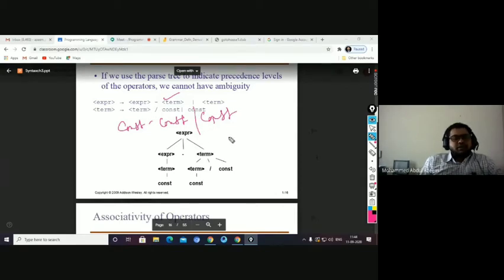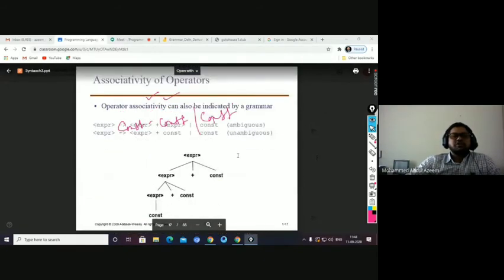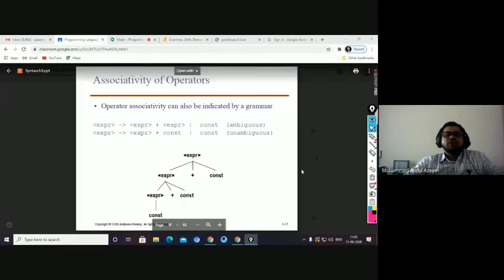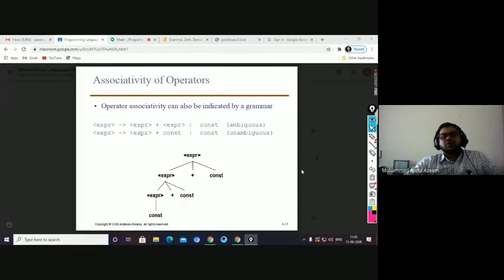Can you see another tree for this? You don't find any other tree, because you have expansion only from the left hand side. So this is how the grammar must be. While defining the grammar, the language designers must ensure that the grammar is unambiguous, which allows you to construct only one parse tree for any given statement.